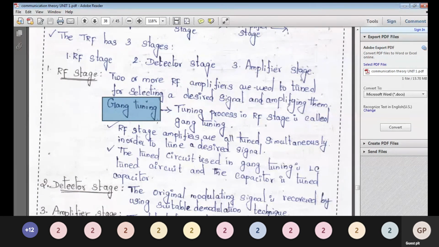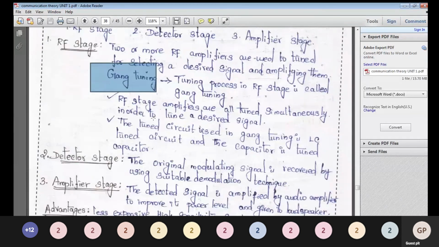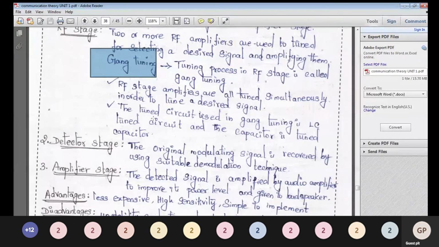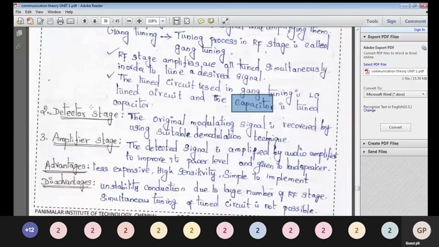So if you use more amplifiers, all the amplifiers are simultaneously tuned to the desired frequency. That is called gang tuning. This is important here. The tuning circuit is a combination of L and C circuit. Here the capacitor C is tuned to the desired frequency.